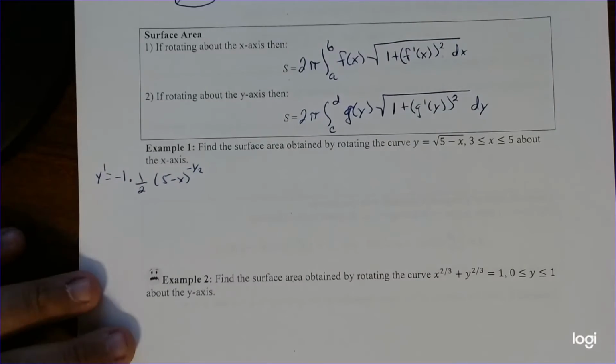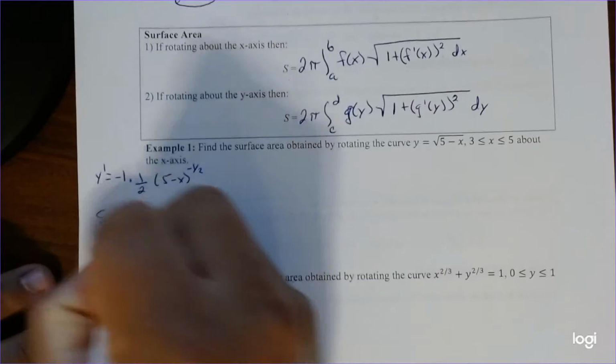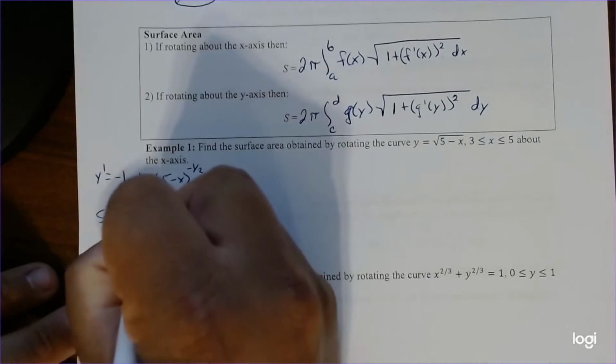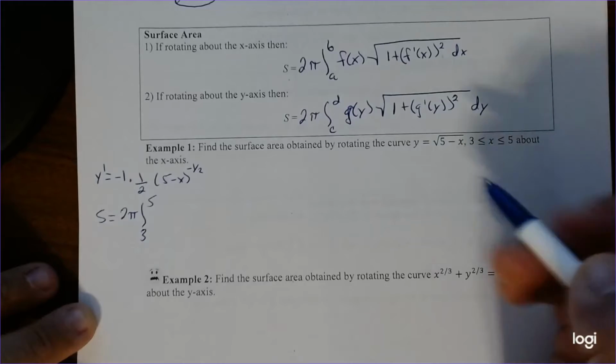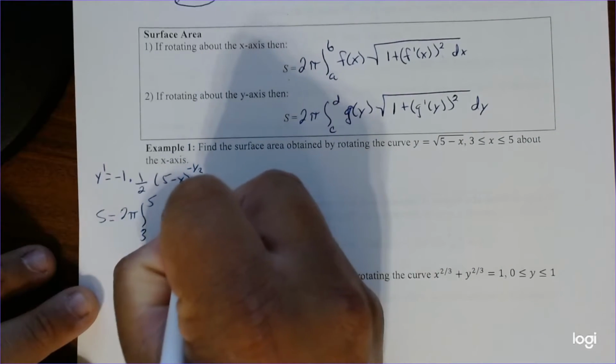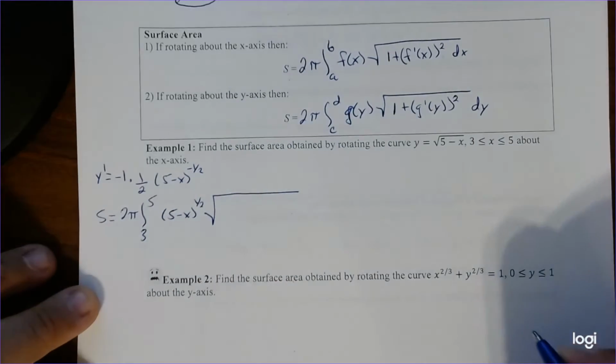Now we just plug them in. So the surface area is equal to 2 pi integral from 3 to 5 of the original function, times our arc length.